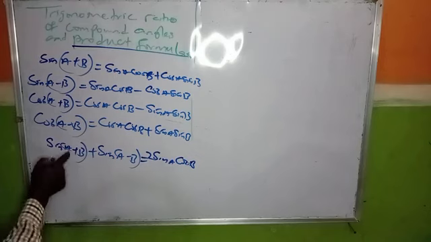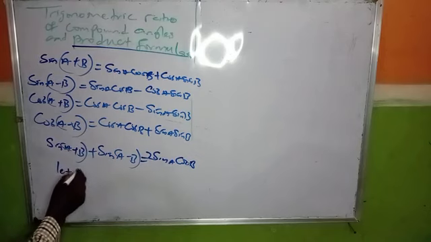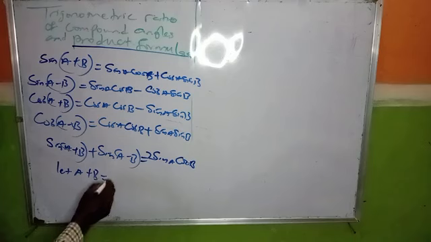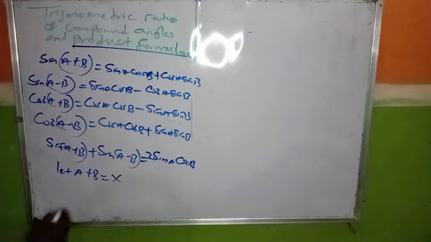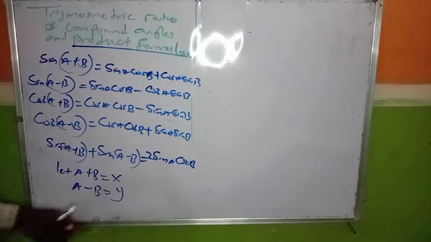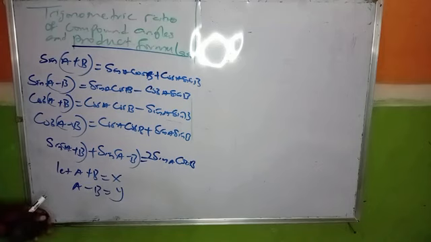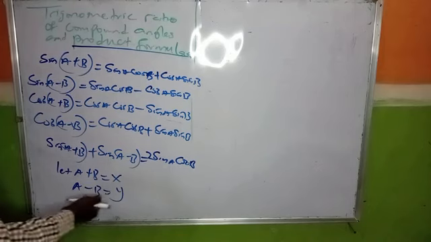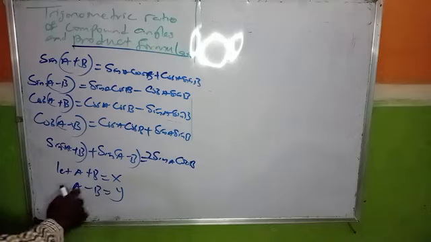So that's it. There's something you are going to do. Just say that let A plus B equal to X, and then A minus B equal to Y. So again, as you see, then you want to find value for X and Y. What you are going to do is add this together. That's like treating it as a simultaneous equation.